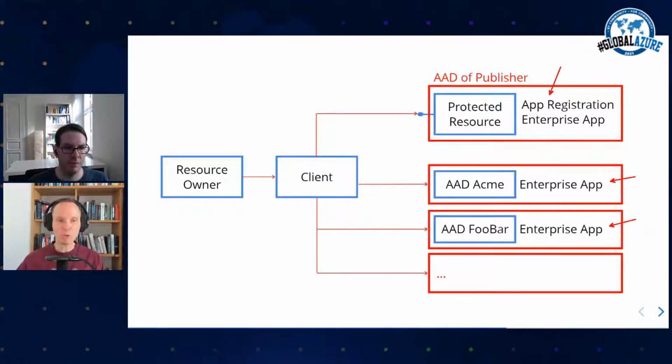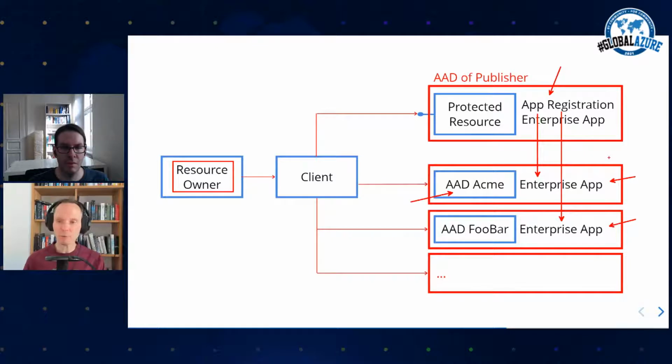So when the first resource owner, the first user of the Acme Corp is signing in using this client, using this protected resource, parts of the app registration from the software as a service provider is copied into the Azure Active Directory of Acme Corp and represents the application inside of the AAD of the customer. And of course, we can have multiple of these customers, and this is why it's called a multi-tenant app. The first one was a single tenant app.